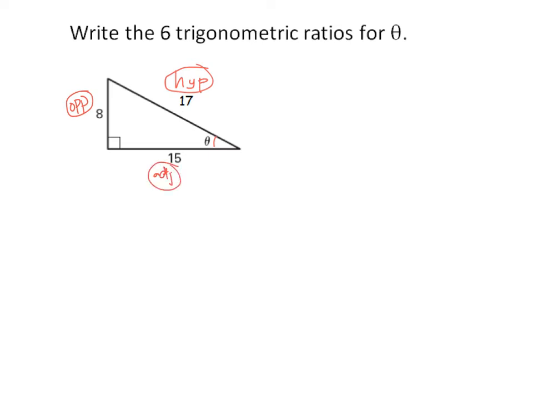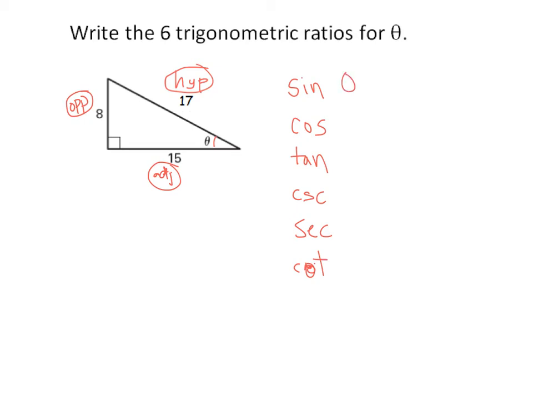All right, so let's list our 6 trig ratios. We have sine, cosine, tangent, cosecant, secant, and cotangent.